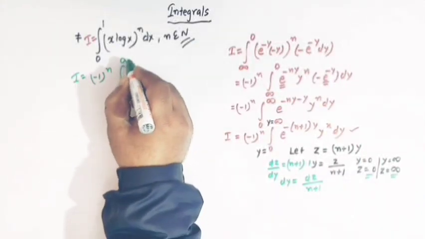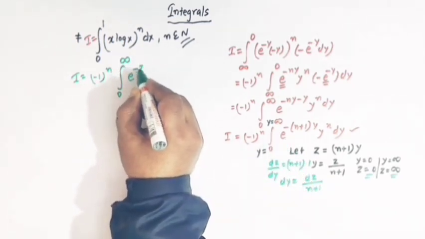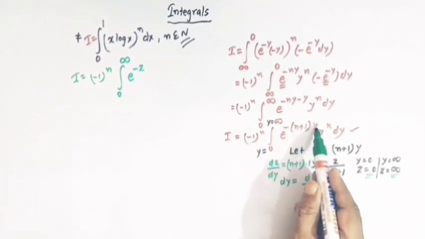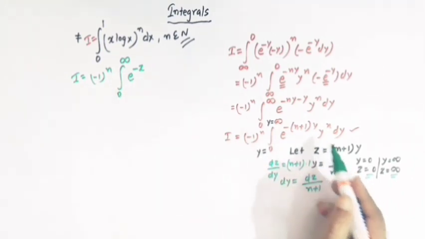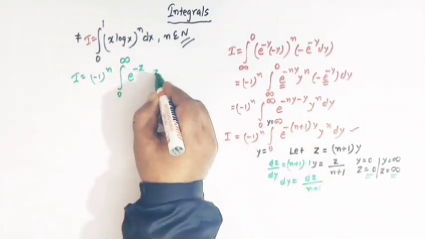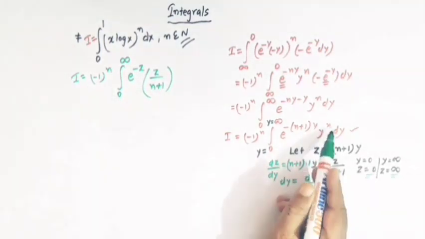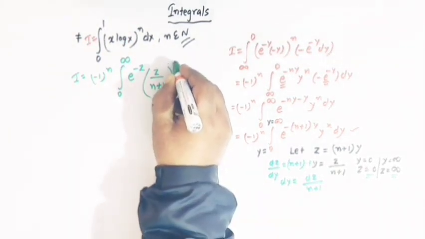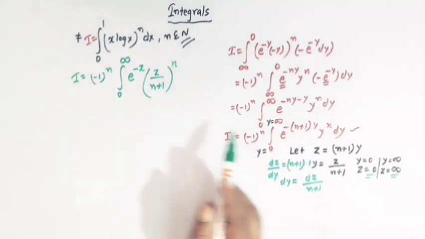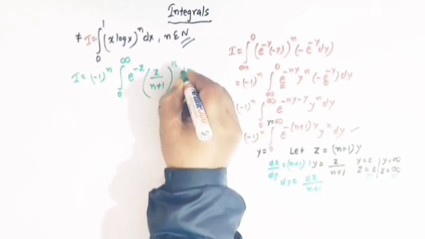So we have 0 to infinity, and here we have e raised to minus z, since n plus 1 times y is z, and y can be replaced by z over n plus 1, with the power n, and dy can be replaced by dz divided by n plus 1, right?